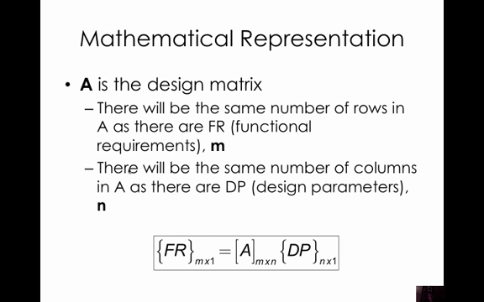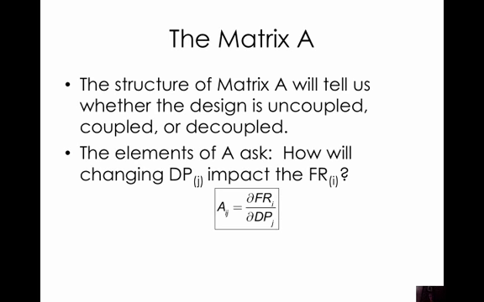So you'll see here I have this equation written out in matrix form. FR is a vector made up of M customer or functional requirements, and A is the design matrix made up of M by N elements, and then we have a vector of our design parameters that will be made up of N design parameters.